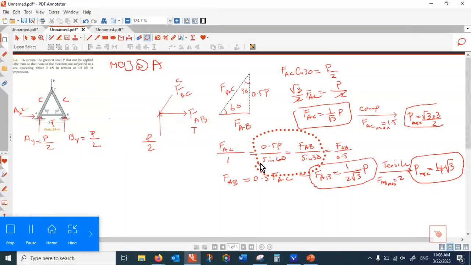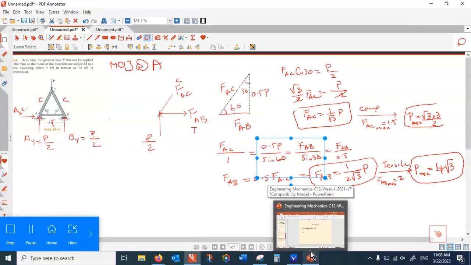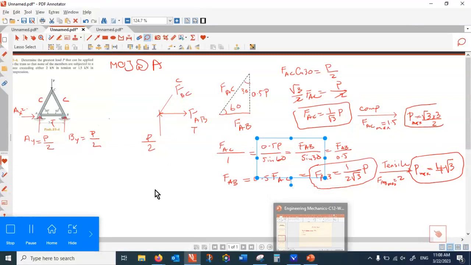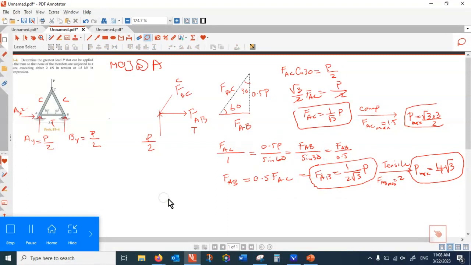Okay, so that is half P divided by sine 60, which is root 3 over 2, and that one is equal to FAB, and sine 30 is half, right?